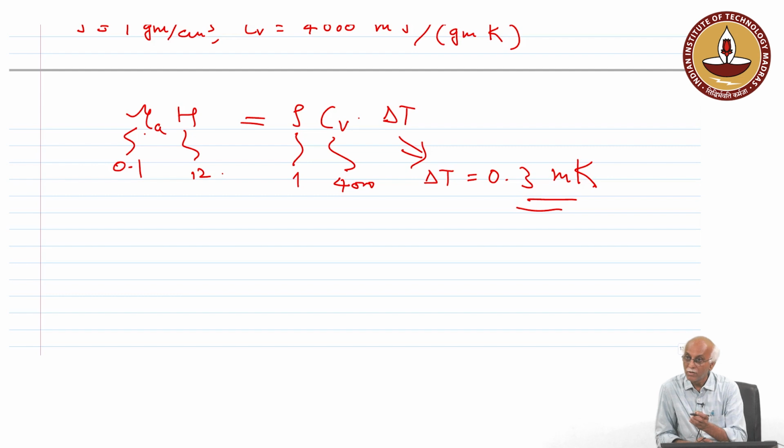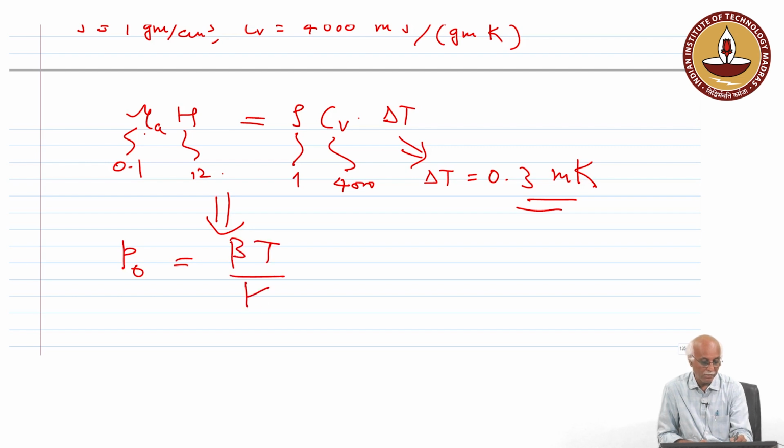Now what it will do is produce a pressure wave, because of the confinement of the tissue within that tissue structure. That pressure is given by this parameter, kappa.